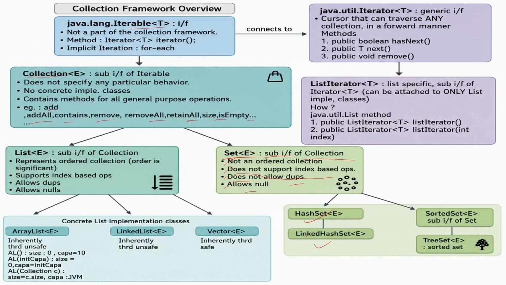LinkedHashSet extends HashSet, and HashSet is the implementation class which implements the Set interface. And we have seen TreeSet, and in between there will be NavigableSet. TreeSet is a class which implements NavigableSet, and NavigableSet is the child interface of SortedSet, and SortedSet is the child interface of the Set interface. So this is the hierarchy.